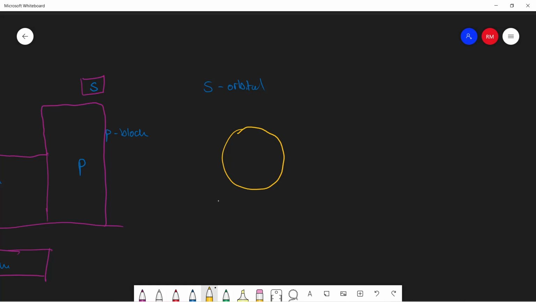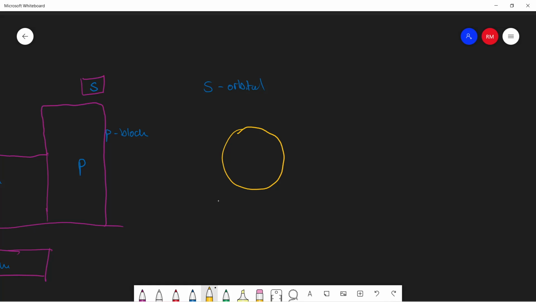Okay, so it's almost like the first shell, sorry. So we see that from n equals 1 upwards, we say each shell contains 1 s orbital.